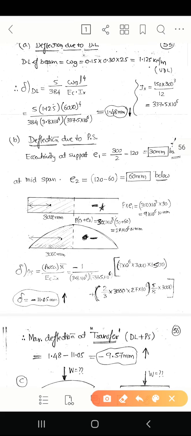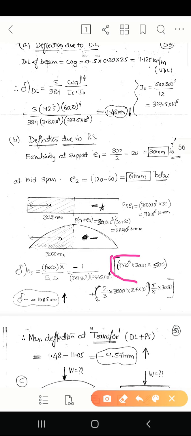So next, deflection due to pre-stress is equals to area into x bar divided by EC into IXX. So that is the default formula. So 1 minus, because both the things are minus, that's why I'll take minus divided by EC into IXX. I'll keep it outside. And next, I can calculate the remaining things. What is that? Area.